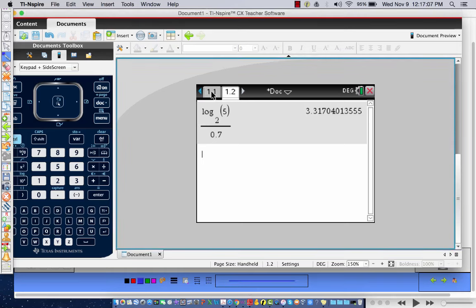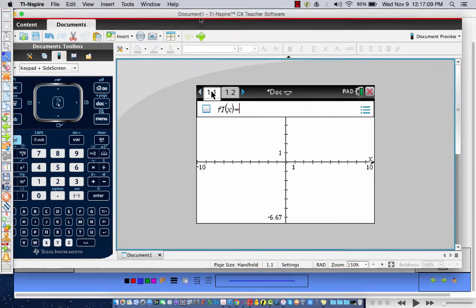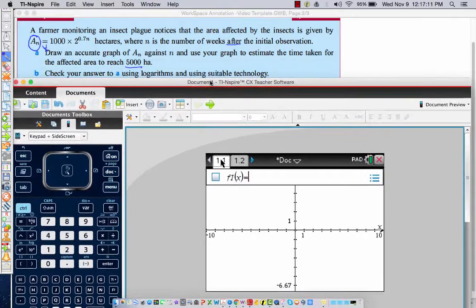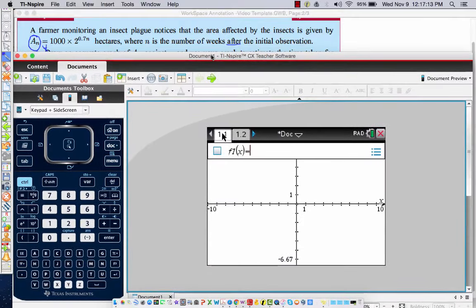I'll go to my graphing page, and the first thing I'm going to do is graph my function: 1,000 times 2 to the 0.7x. I graph it, and you can't see it, which is no surprise, because we're trying to figure out when it's going to be 5,000.